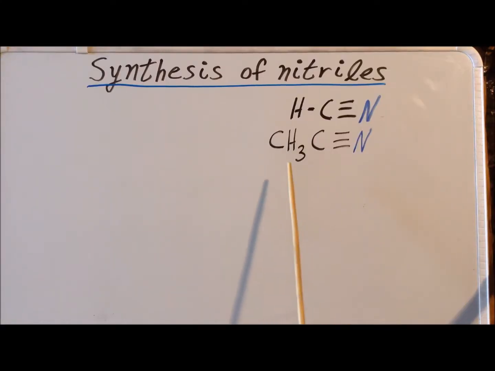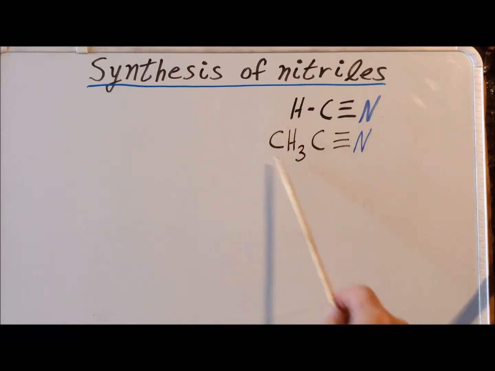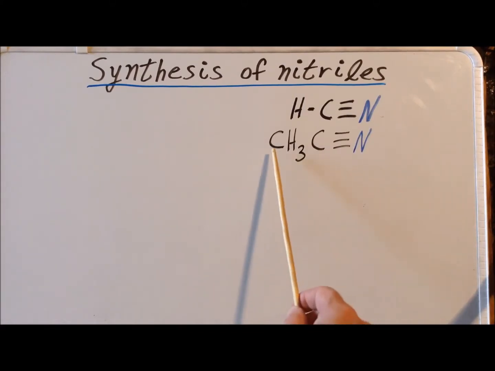If we formally replace the hydrogen of hydrogen cyanide with a methyl group, we get the simplest of the nitriles. The IUPAC name for this compound is ethane nitrile. Ethane because it has two carbons, and we call two carbon species with the eth prefix.